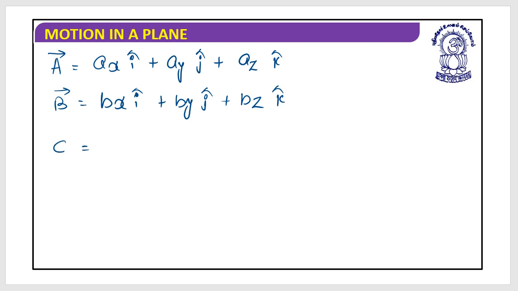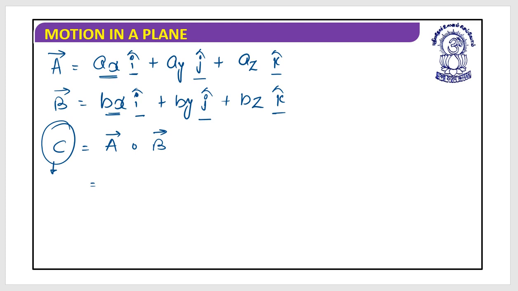Let's say I have been asked to find c is equal to a dot b. Look at this, there is no vector sign, that means this is the scalar product.